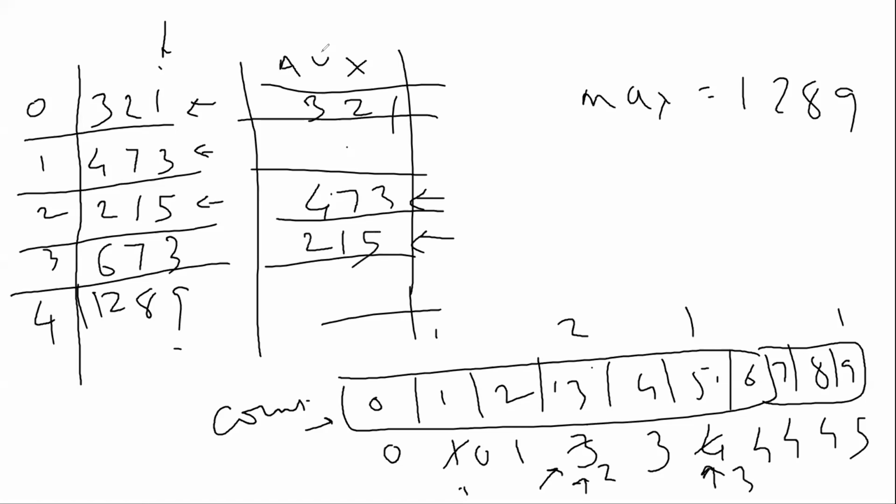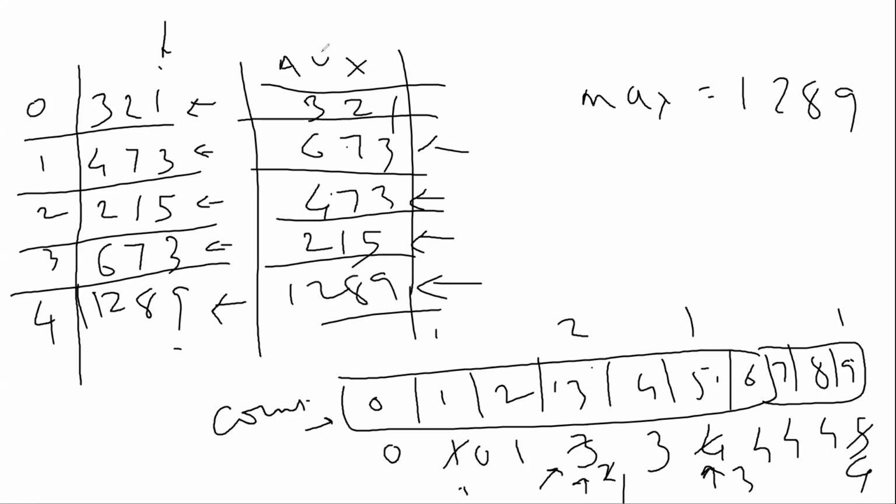Then when I come to 6, 7, 3, this is again the third index, so I reduce 2 to 1. I come here and this fits in this slot, 6, 7, 3. The last one is 1, 2, 8, 9. This is 9th and this is the 5th one, so I reduce that to 4, and the 4th one is here. So I place 1, 2, 8, 9.